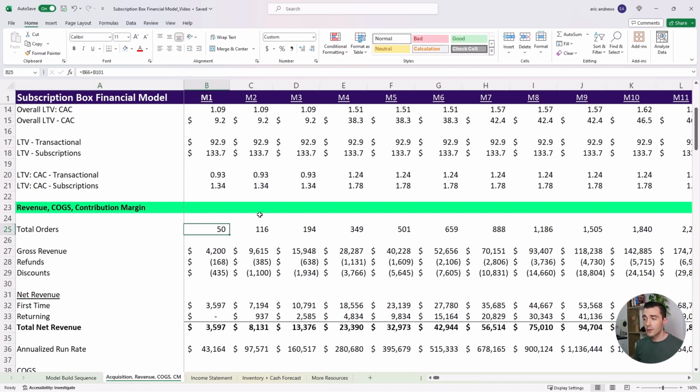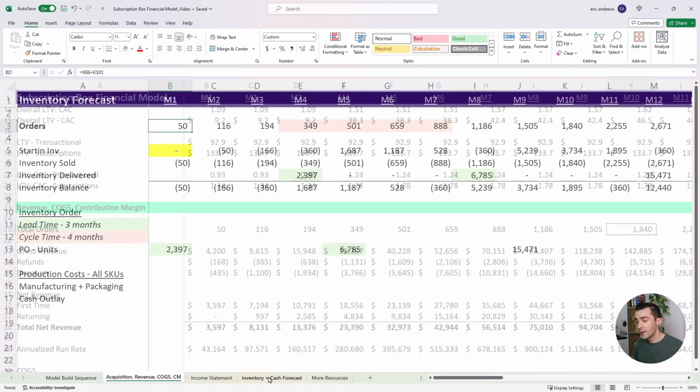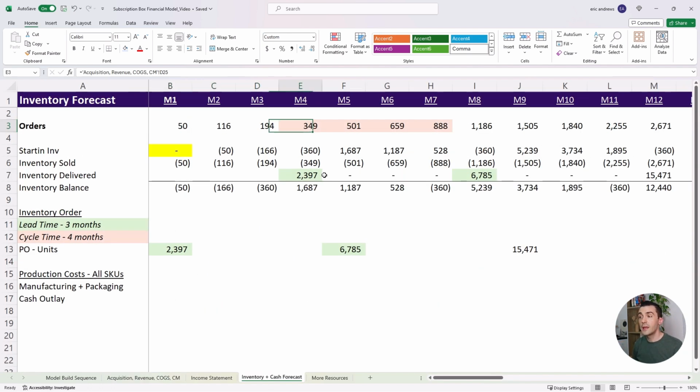These are the orders from your ad hoc transactional customers and your subscription customers. So 50, 116, 194. Basically we need to have enough inventory to look forward and be able to fulfill those orders. So here's how many orders we are expecting.